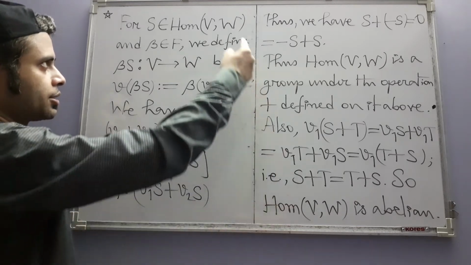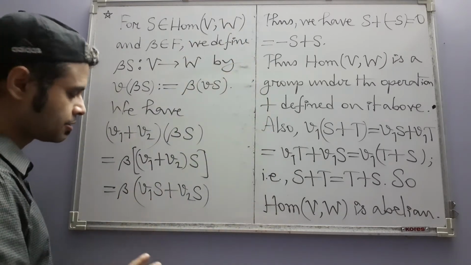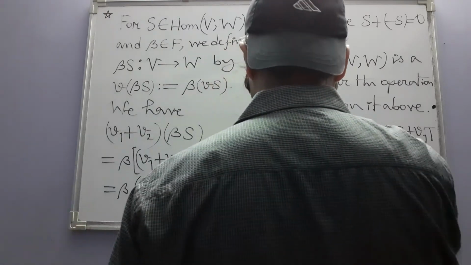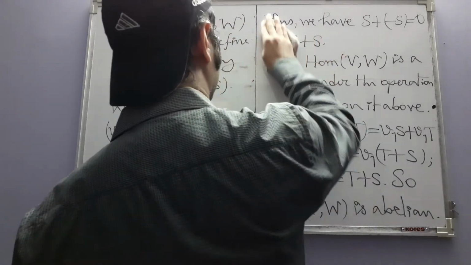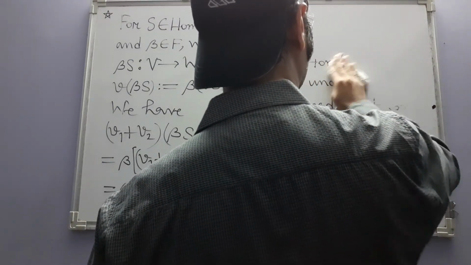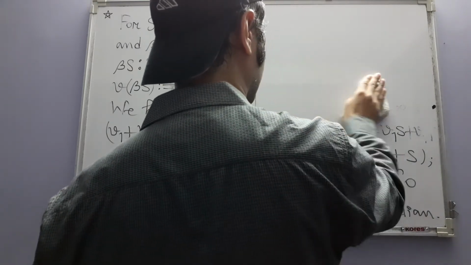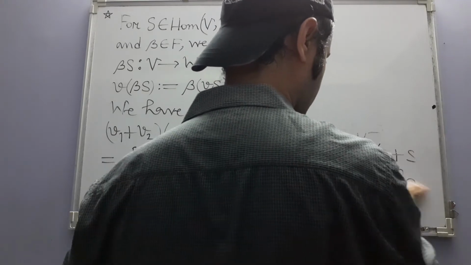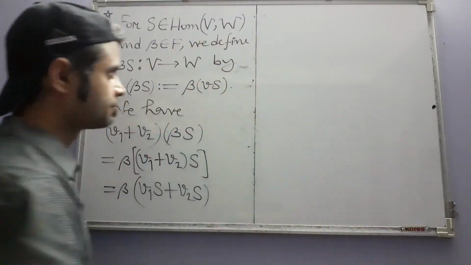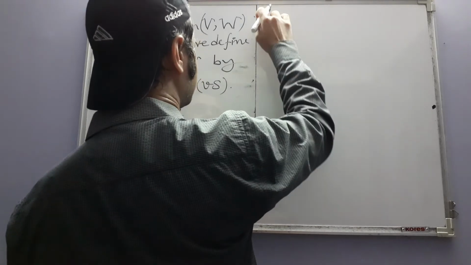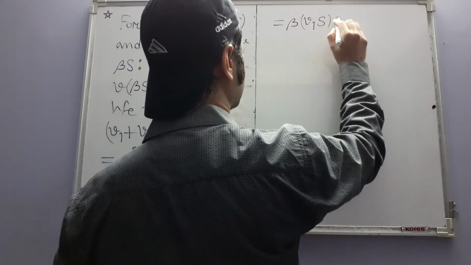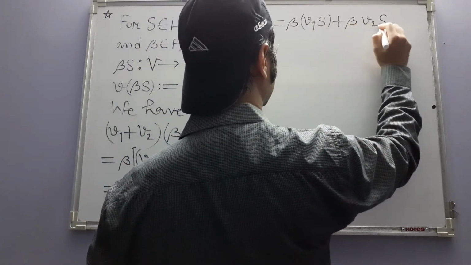Now, we are doing this calculation in this second space W, and in the second space W, in place of this, we can write another expression, which is one of the vector space axioms in W. And that thing is equal to beta times v1S plus beta times v2S.